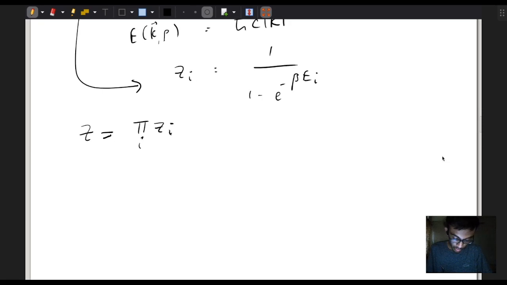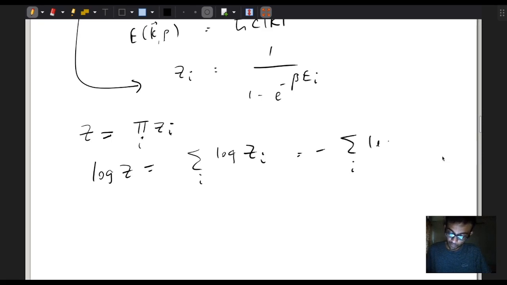Like we have seen before, it is going to be equal to this. So now this is the logarithm of the partition function, written as a sum over single particle states.